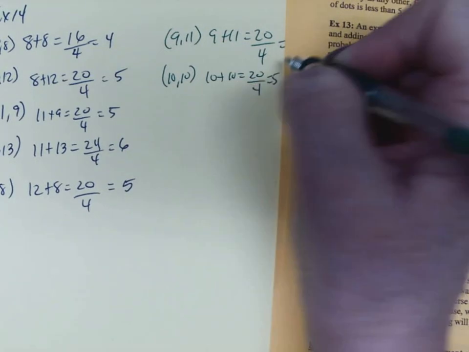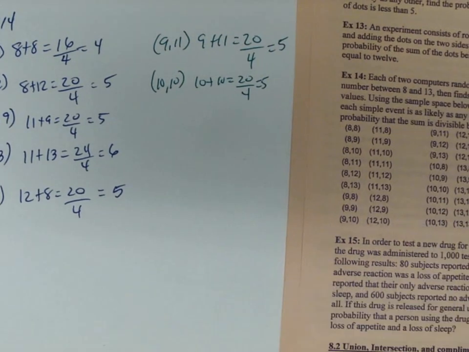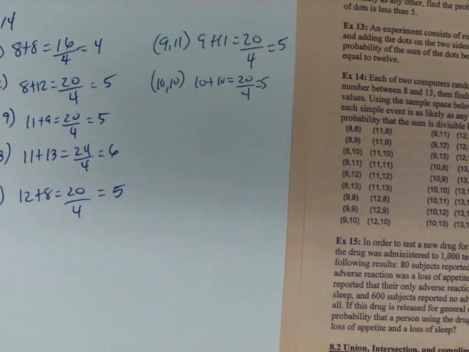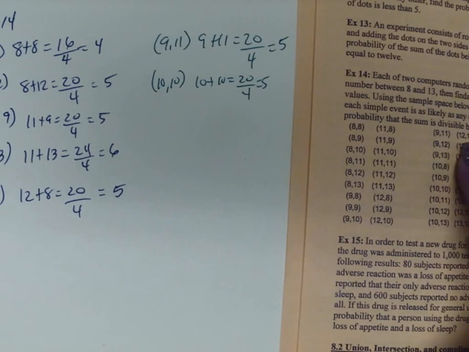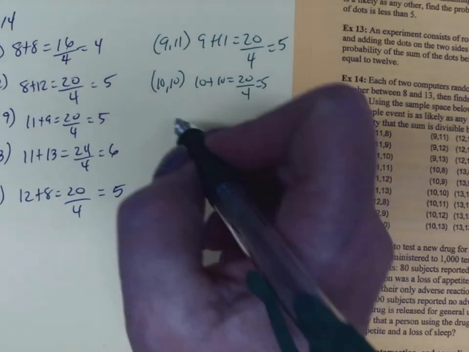Divided by 4 equals 5. 10 plus 11 would be 21. 10 plus 12 is 22. 10 plus 13 would be 23. 12 plus 11 would be 23. 12 plus 12 would be 24.